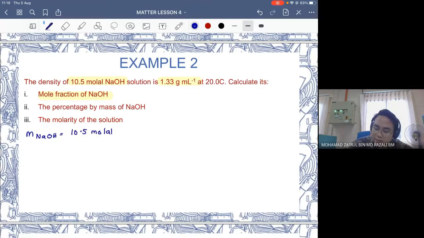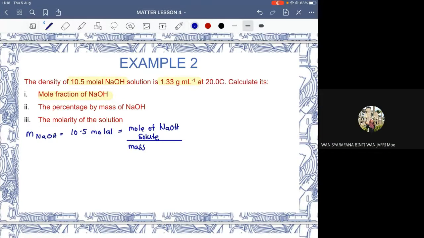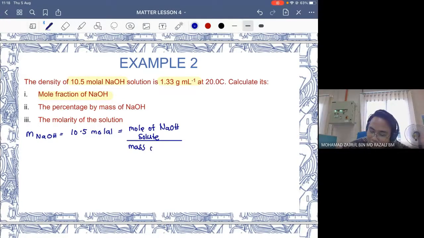Formula for molality is mole of NaOH solute divided by mass solvent or mass solution? Mass solvent. Okay, right. Mass of solvent, and the mass of solvent must always be in kilogram.